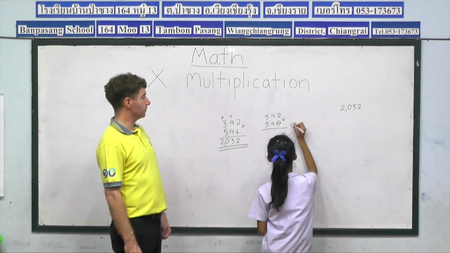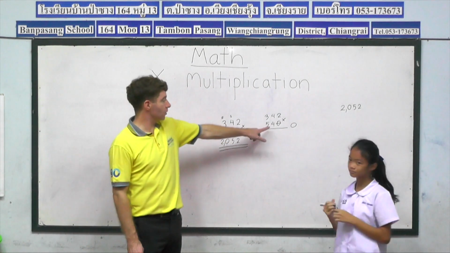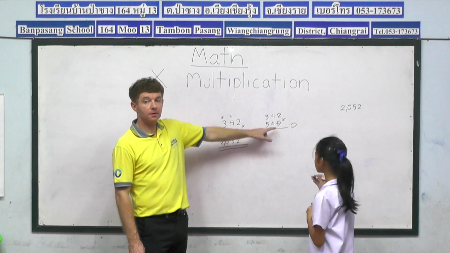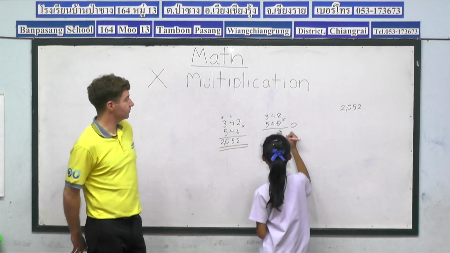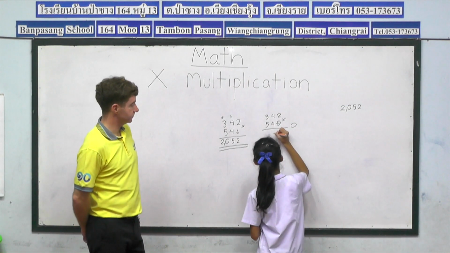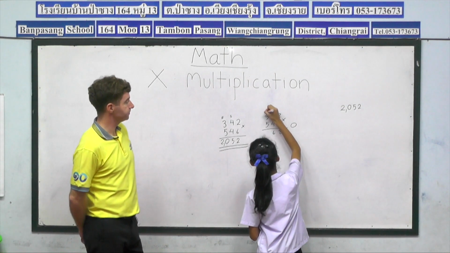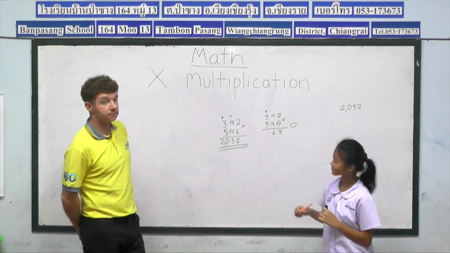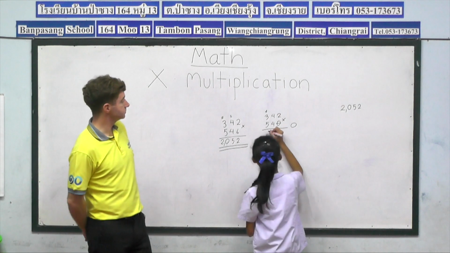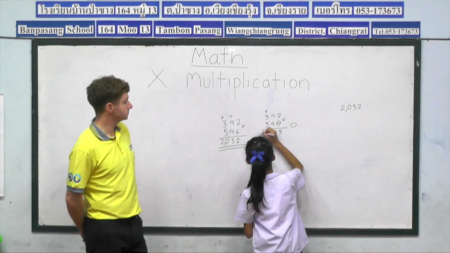Remove the 0. So now, we're concentrating on this number here. 4 times 2 equals 8. 4 times 4? 16. So 6, carry the 1. 4 times 3 equals 12, plus 1, 13.